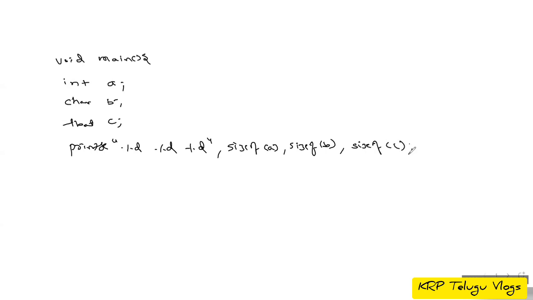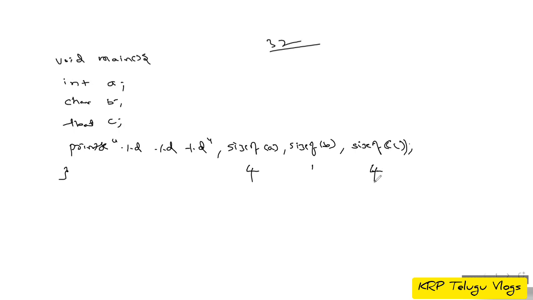So what will it return? Sir, is it a 16-bit compiler or a 32-bit compiler? You can take 32 only. So sizeof(A): A is integer, so it will give 4 bytes. Character is 1 byte. Float is 4 bytes.